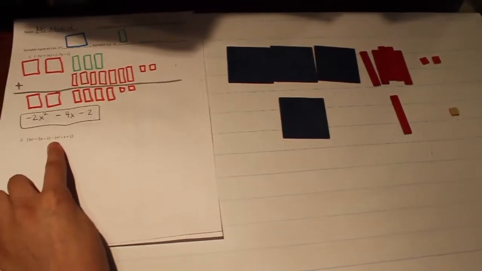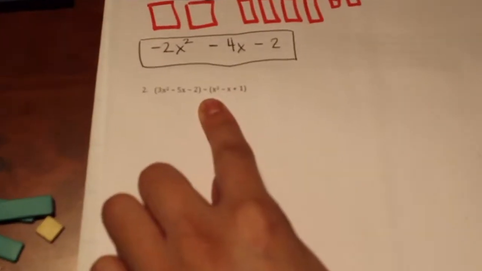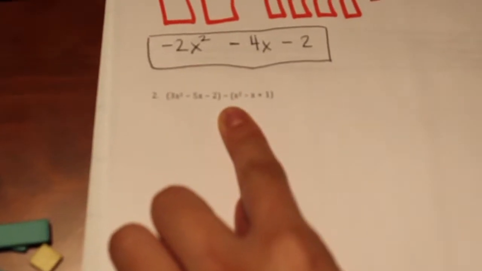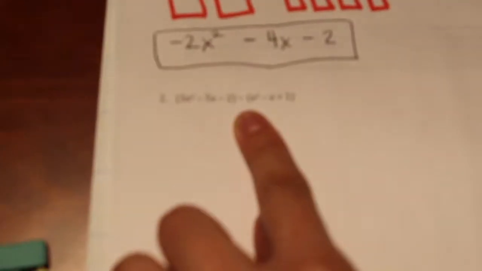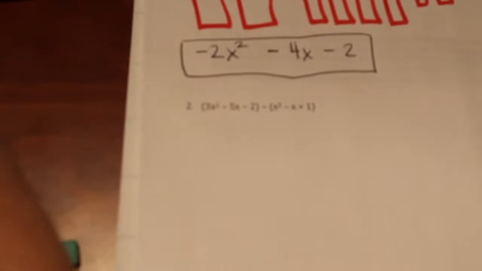Okay, the problem told us that we need to subtract them, so let's put a subtraction sign and a line underneath them.